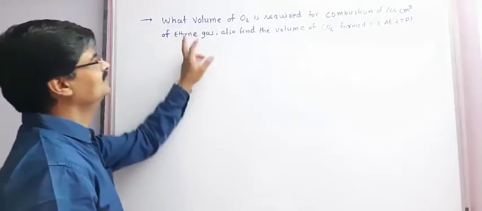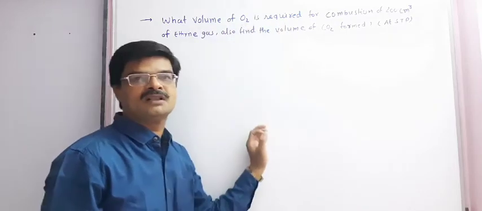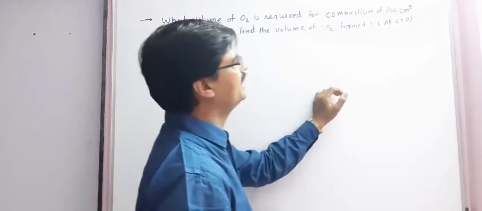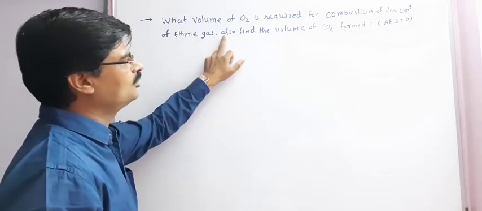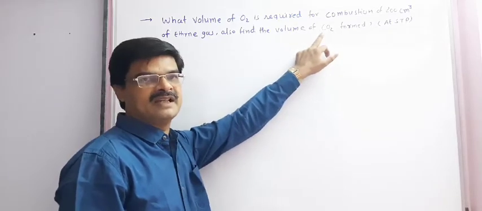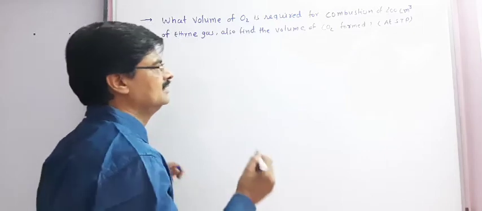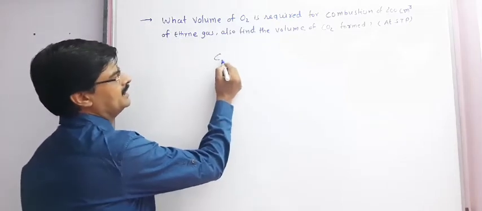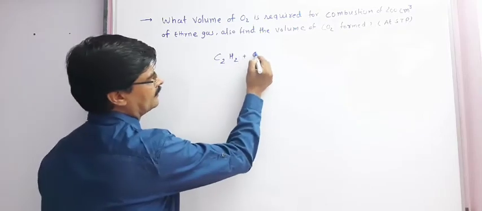In the next sum, what volume of oxygen is required for the complete combustion of 200 cm cube of ethane gas? Also we have to find the volume of CO2 formed during this chemical reaction at standard temperature and pressure. First we will understand the chemical reaction between ethane and oxygen.